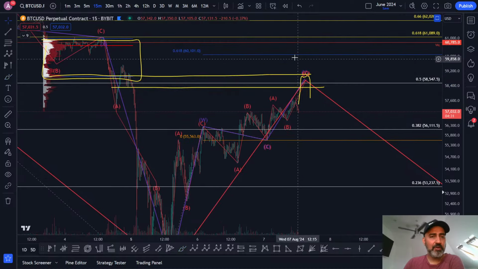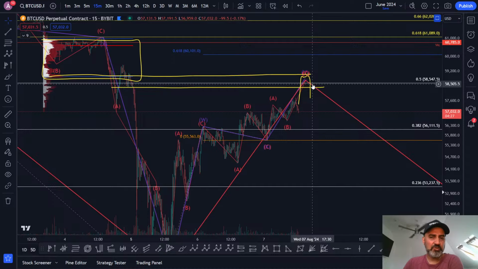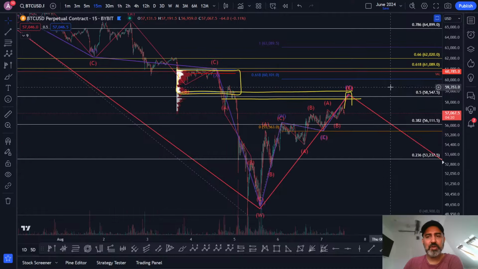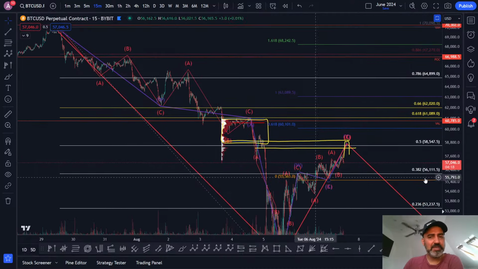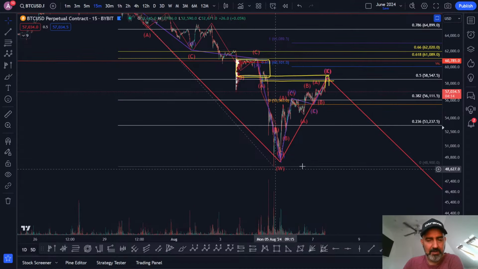So a little bit of a front run of the 618, not being able to get back into the value area, and you're just getting a first reaction from this 50% mark at 58,547, which is a fib retracement. It's a 50% retracement from this peak high to this pivot low, right?